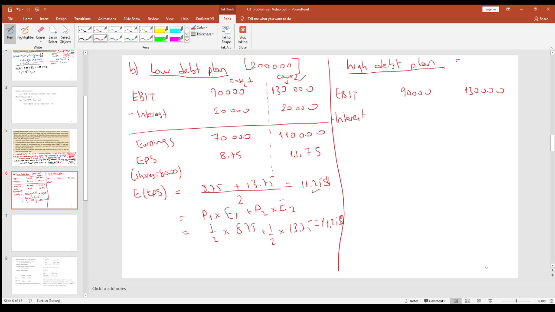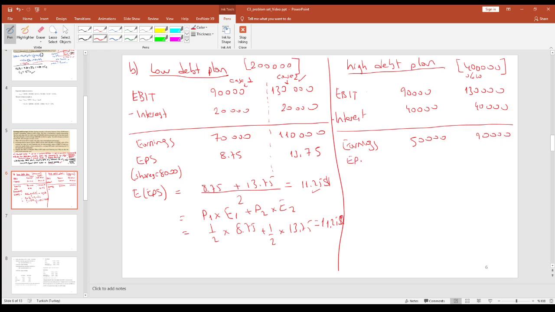Remember, in the high debt plan you take a loan of $400,000, and with a 10% cost of debt, you are going to pay $40,000 interest. So from this you are going to have earnings of $50,000, and here you are going to have $90,000.